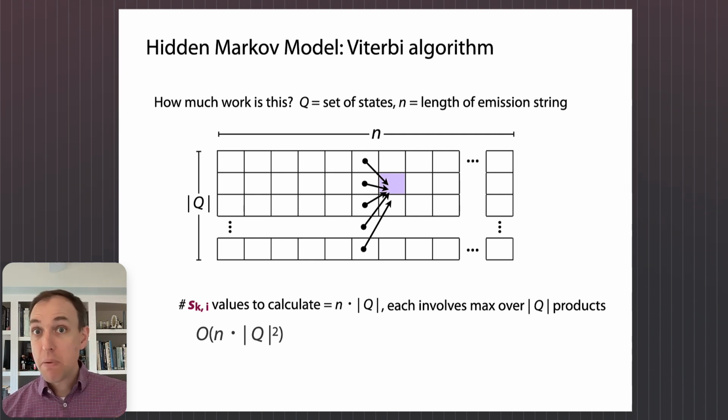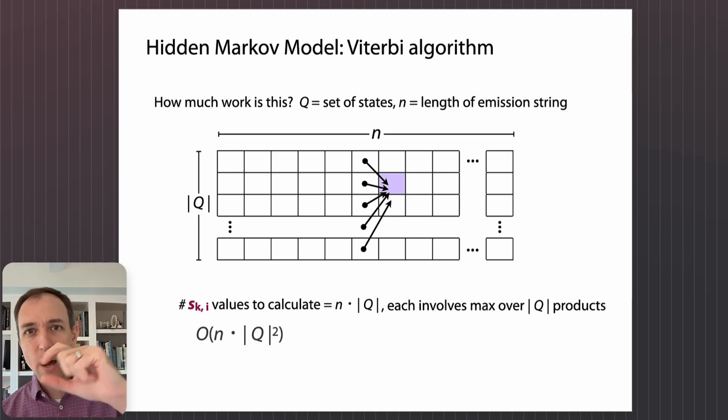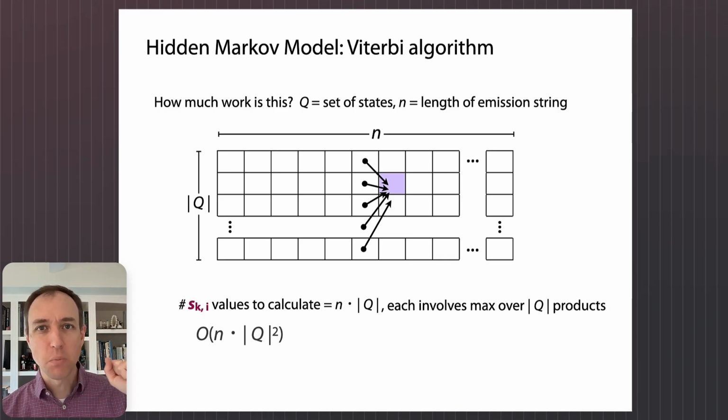The actual traceback step is easier than this. It's just n steps, assuming that we kept recordings of which term won the maximum for each cell of the matrix. So what dominates the time for Viterbi is the step that fills in the probabilities and the backtrace arrows for each of the cells: big O of n times size of Q squared.